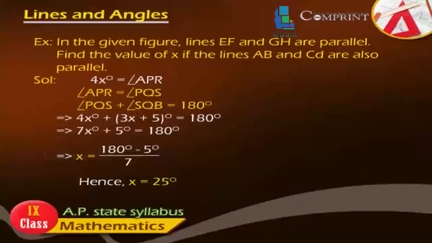Angle PQS plus angle SQB is equal to 180 degrees. Implies 4x degrees plus 3x plus 5 degrees is equal to 180 degrees. Implies 7x degrees plus 5 degrees is equal to 180 degrees. Implies x degrees is equal to (180 degrees minus 5 degrees) by 7. Hence, x is equal to 25 degrees.